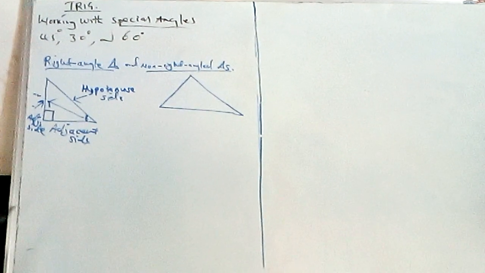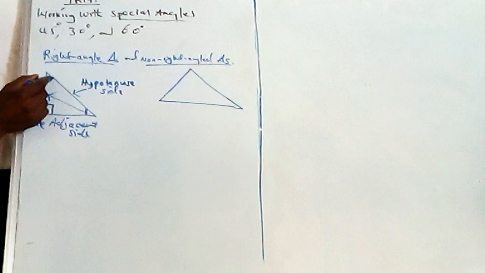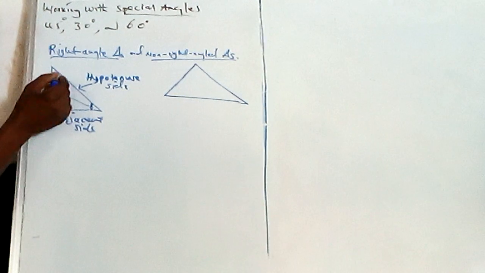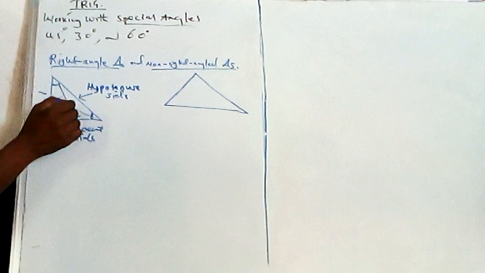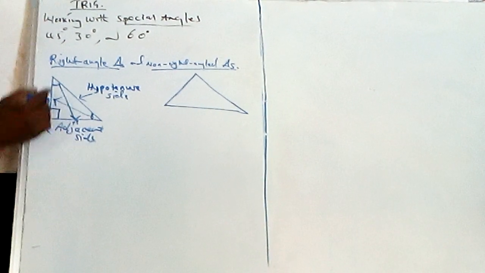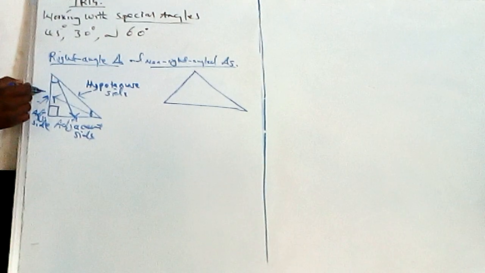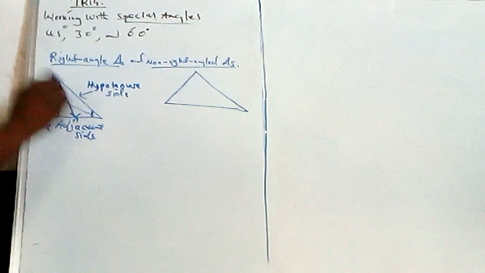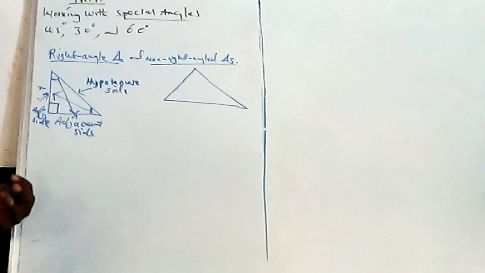Are we getting that? The same is true if you are considering this particular angle on top here. We see that this side here won't be the adjacent. This side will be called the opposite, and this one will be called the adjacent side of which angle? Of this one. So in other words, these angles here are called the reference angle.